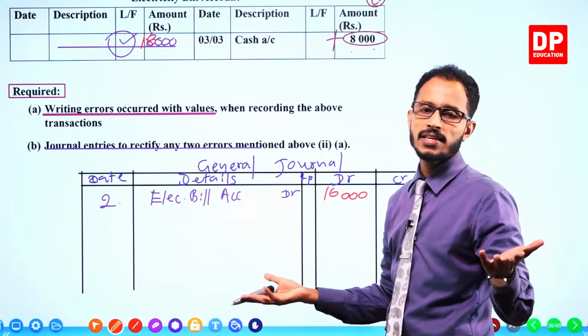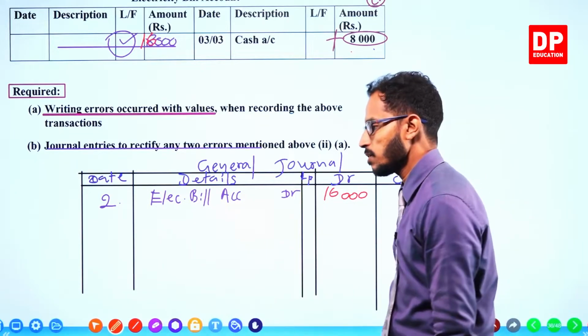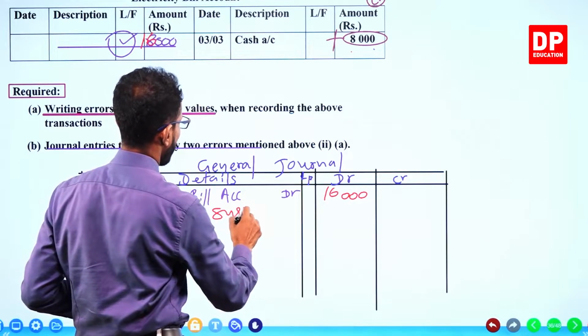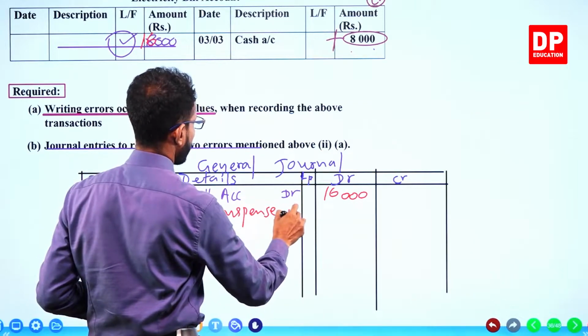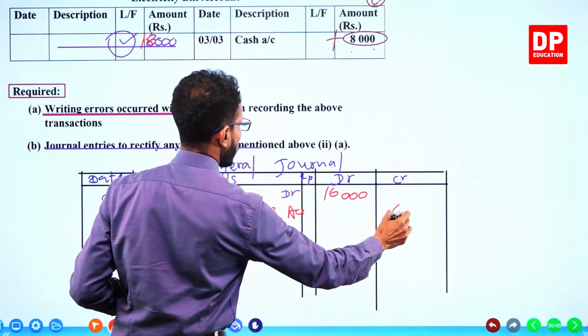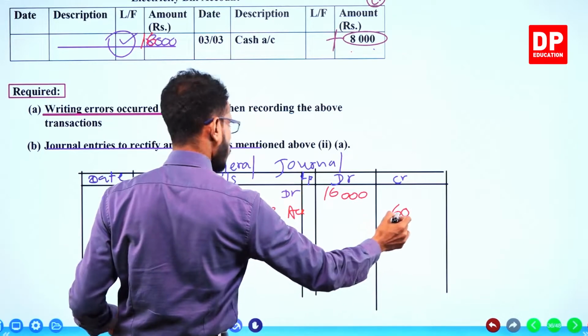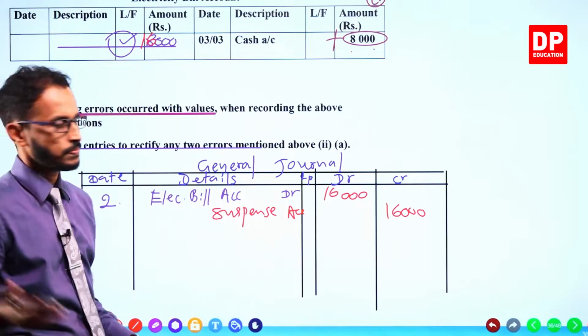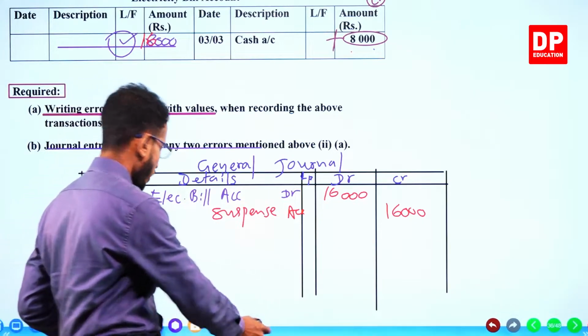What is the credit entry? Oh no, it goes to the suspense account, because there is no other account to credit. It goes to the suspense account. Write the narration.